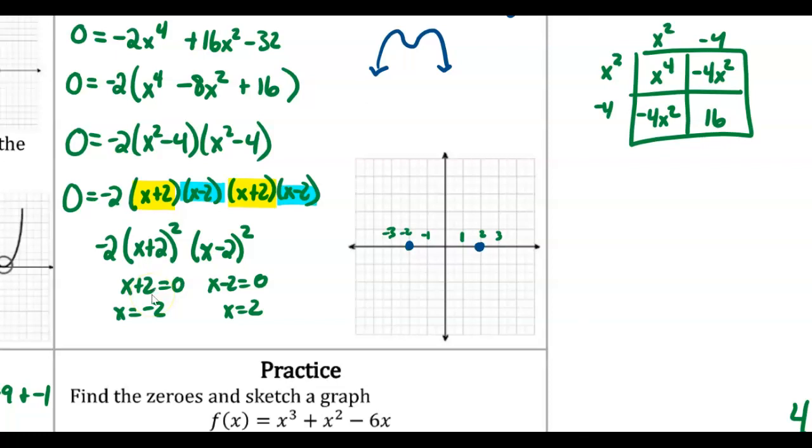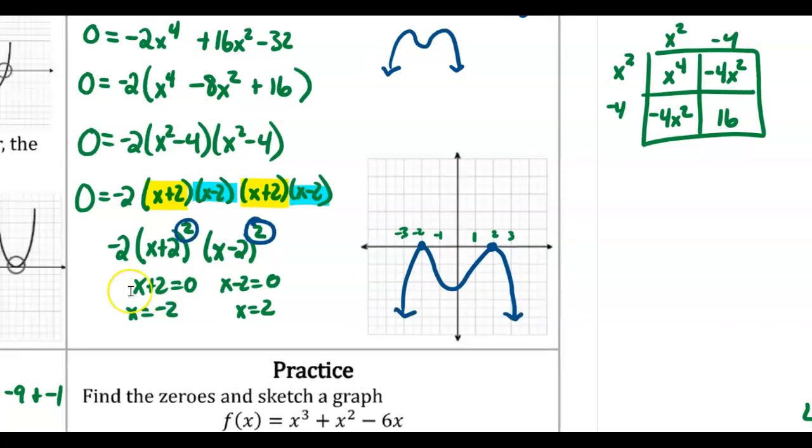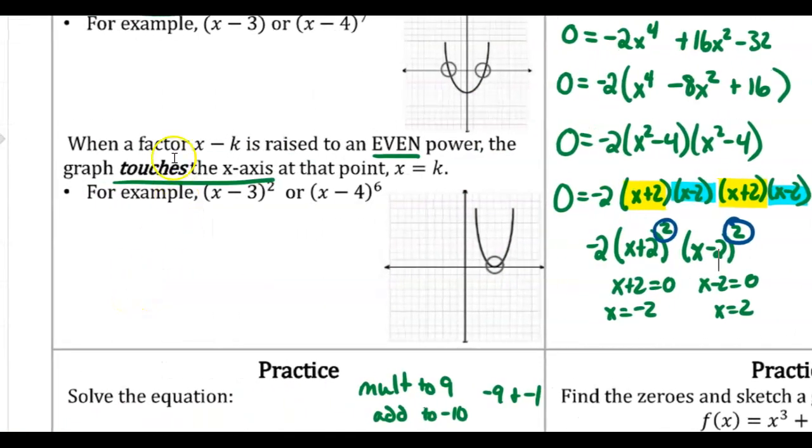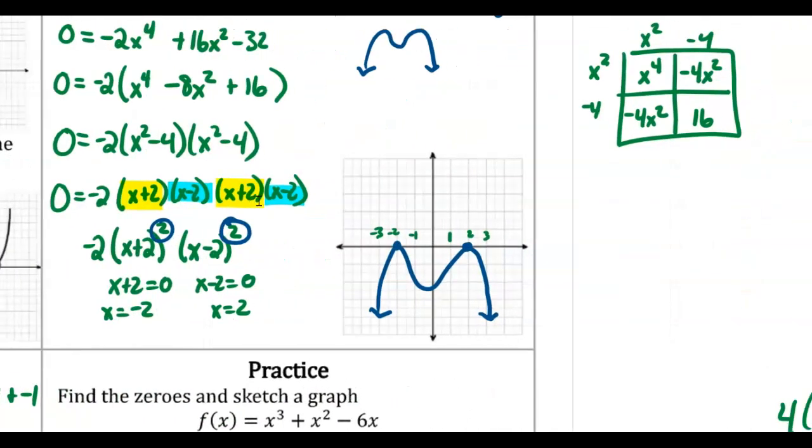So what's happening is I know it's coming up and touching there and bouncing back down and touching there and bouncing back down. The reason I know it's touching is because these 2 powers right here, remember what it said? It said when a factor is raised to an even power, it touches the x-axis. It does not go through, so it touches there. And that's what told me, hey, that touches, it doesn't cross it.